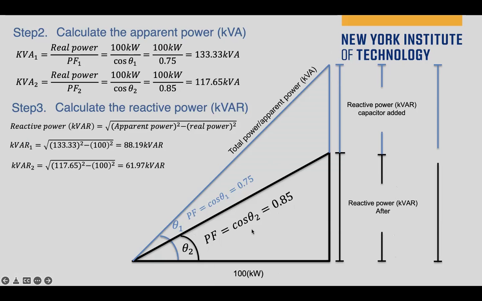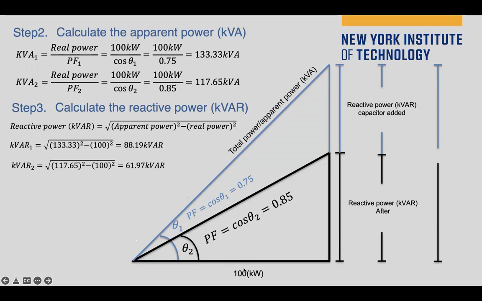So we know the power factor, we know the real power, then we can calculate the slope, the total power, by this definition. The total power before we make any improvement is the real power over the power factor.